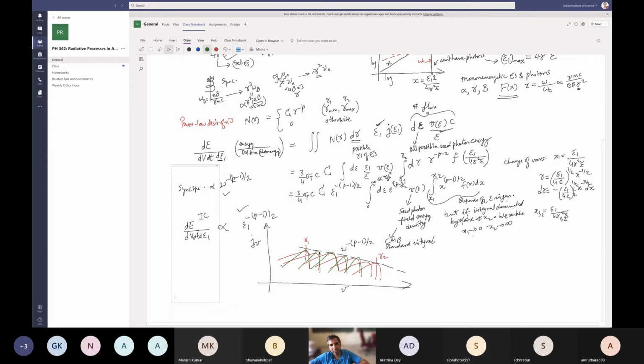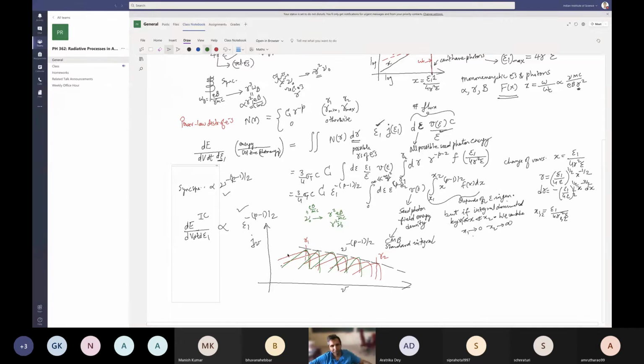their relative shift. This is fundamentally related to the fact that nu naught, which is equal to eB by mc in the case of synchrotron, goes to gamma squared eB by mc. Similarly, in the inverse Compton case, if this is a photon, nu naught goes to gamma squared nu naught.